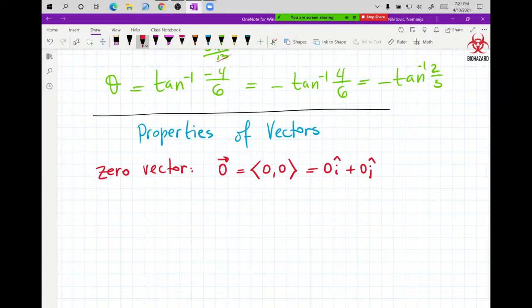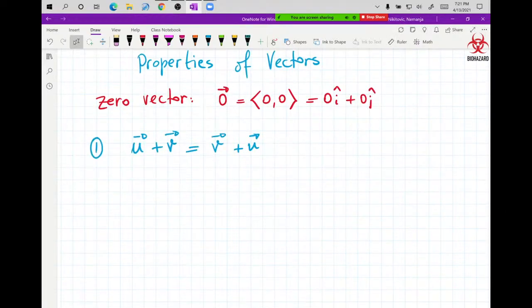All right, so what are the properties? Property number 1, addition is commutative. I hope no one is shocked by that. 2, associative property works.